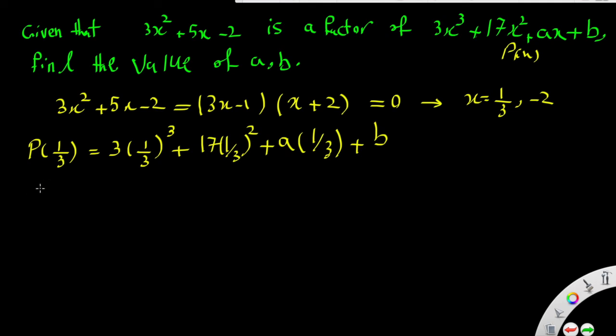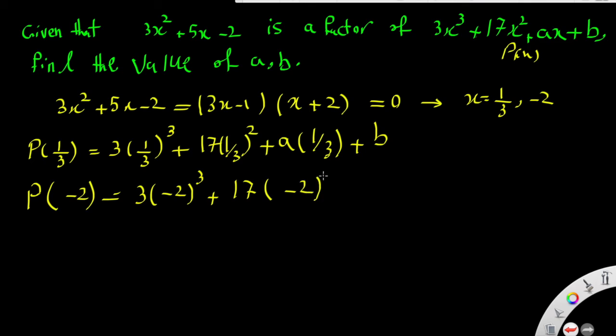Then I find p of minus 2, which is equal to 3 times minus 2 to the power of 3 plus 17 times minus 2 squared plus a times minus 2 plus b.